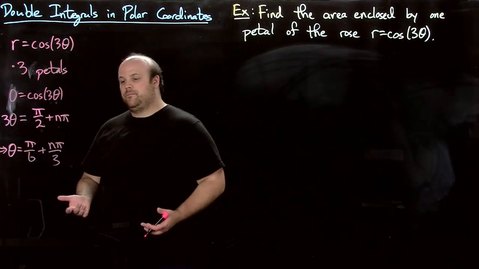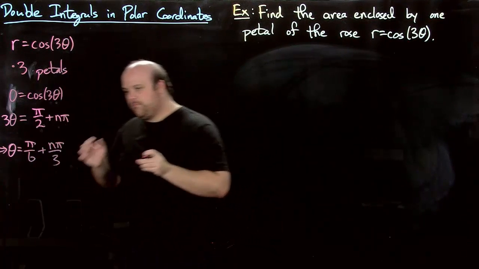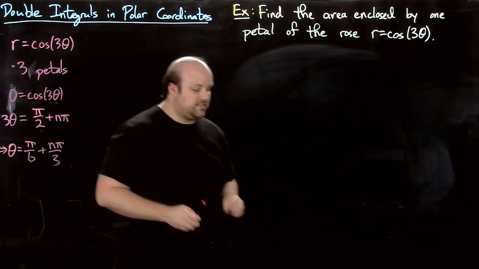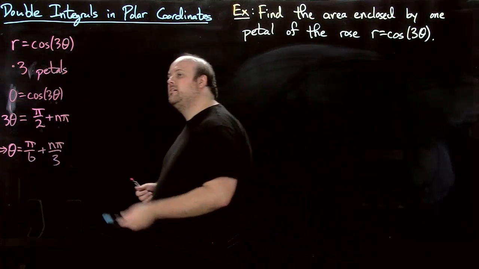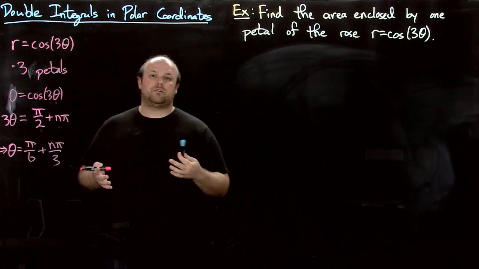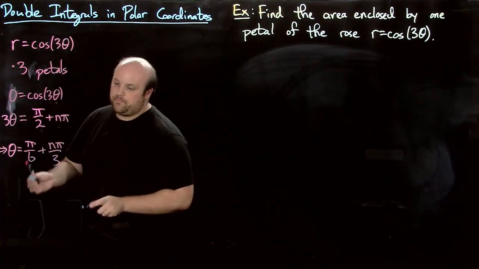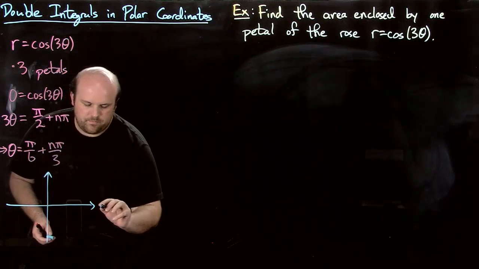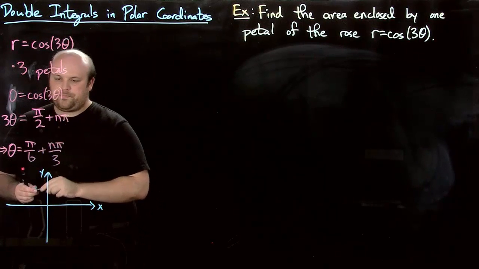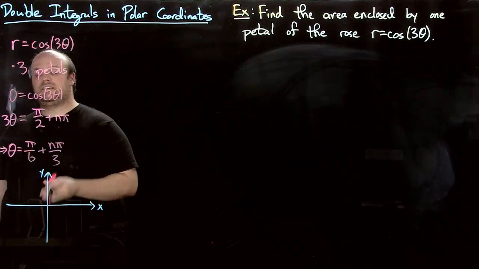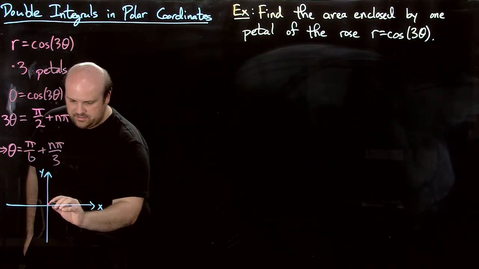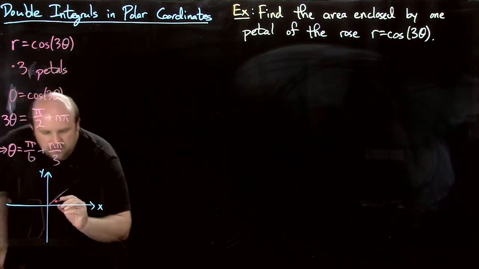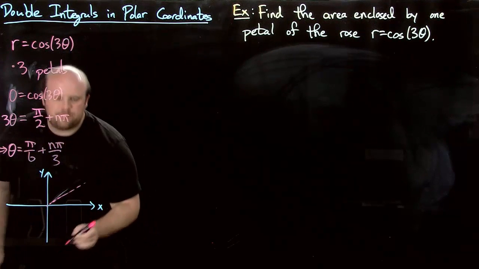So which ones are which here? Let's just do a quick sketch of one of the petals. We know we have 3 of them, but we just want the area of one petal. Here's x and y. So we know cosine of 3 theta is 0 at pi over 6, which is about right here.